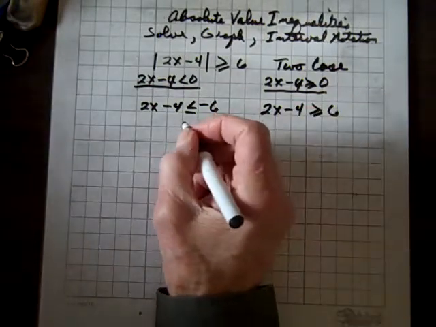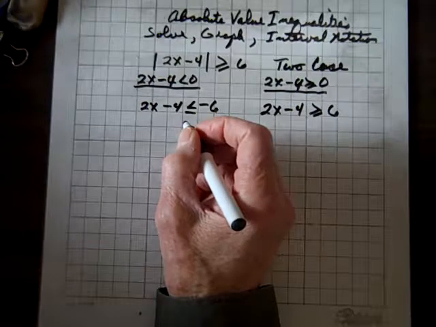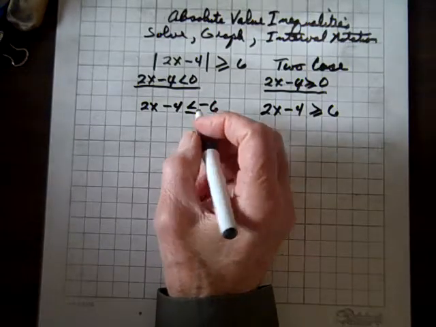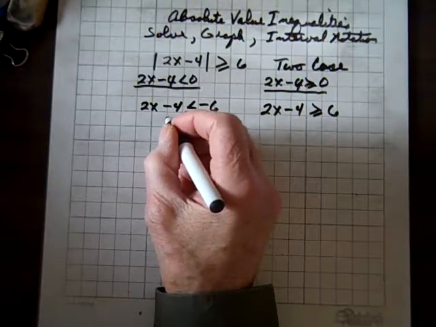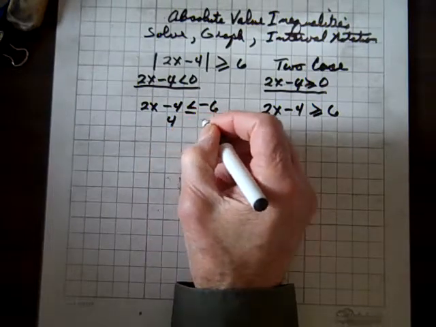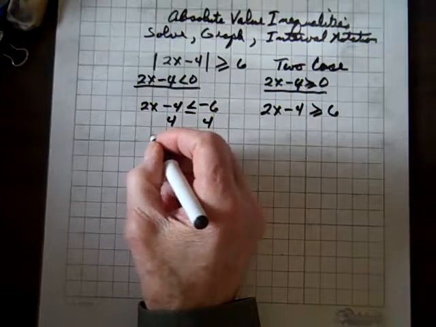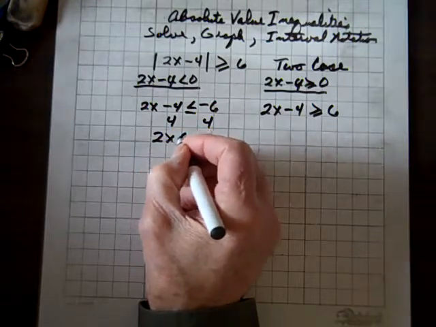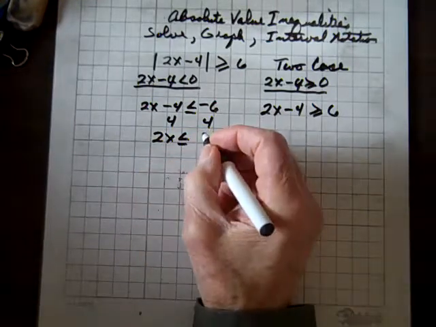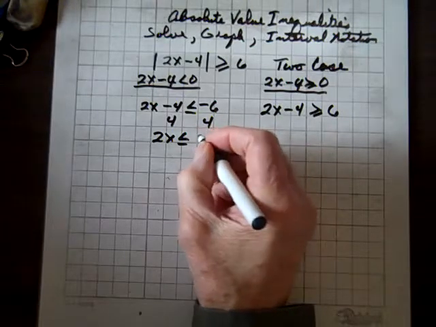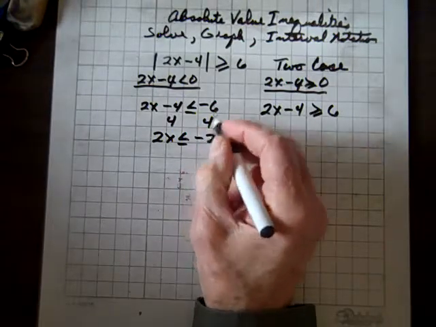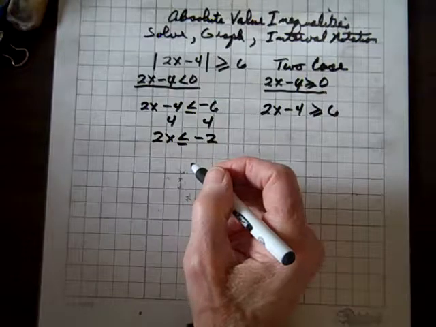So now let's solve this, and first goal is to isolate the term with x in it, then we'll isolate x. So I guess we'll add 4 to each side of the inequality, and we get 2x is less than or equal to -2. Yeah, -6 plus 4 is -2.